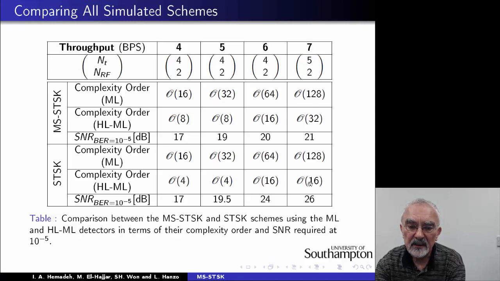The space-time shift keying scheme requires 26 dBs, whereas the advocated scheme requires 21 dBs signal to noise ratio to achieve a bit error ratio of 10 to the power minus 5. And this comes to a degree at a slightly increased complexity order. For example, if we compare our favored solution, then the complexity order is 32 here, and it's 16 for STSK.